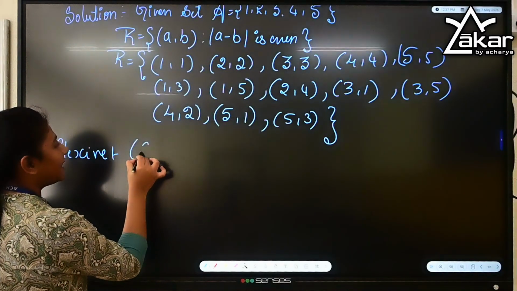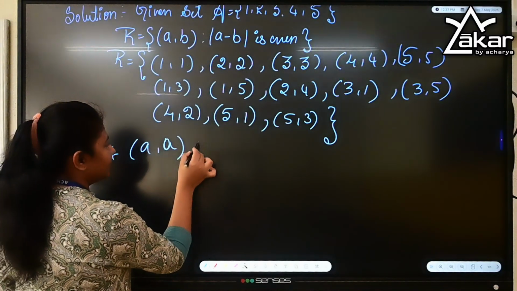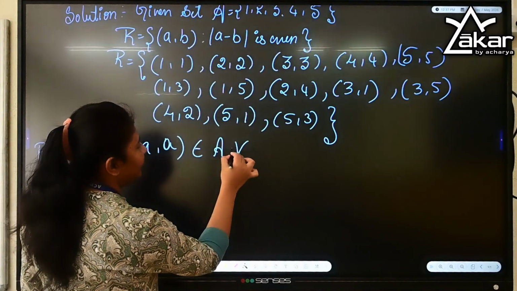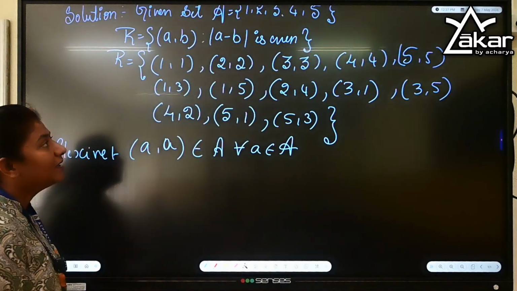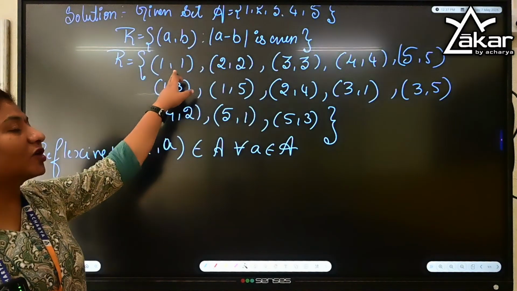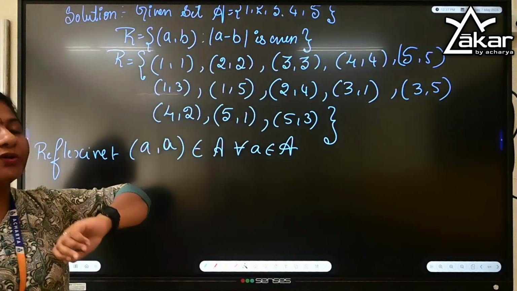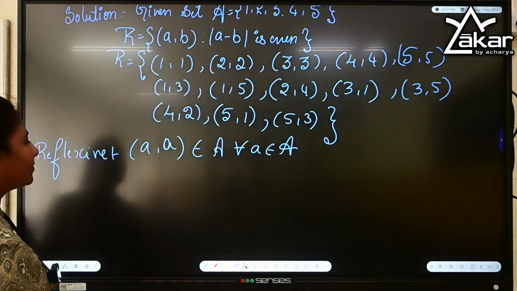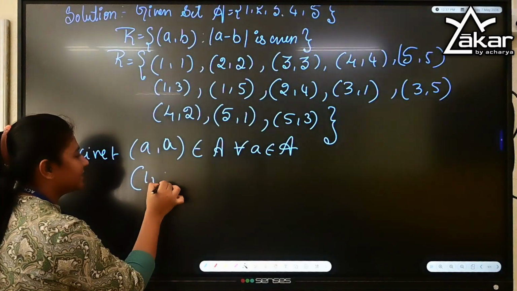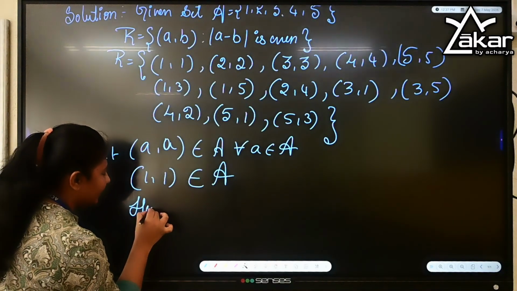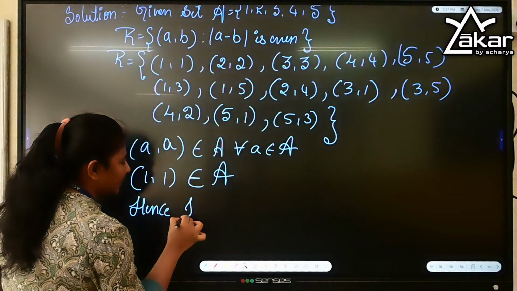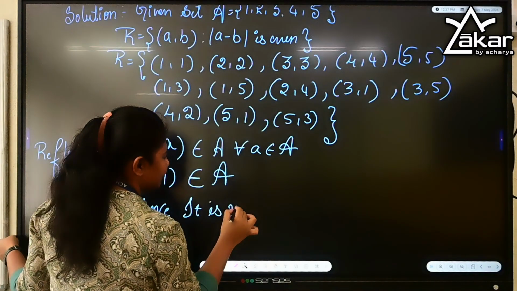That is, A comma A should belong to R for every A belonging to the set A. This is possible here. 1 comma 1 is present, 2 comma 2 is present, 3 comma 3, 4 comma 4, every element is present. That is, 1 comma 1 belongs to R, hence it is reflexive.